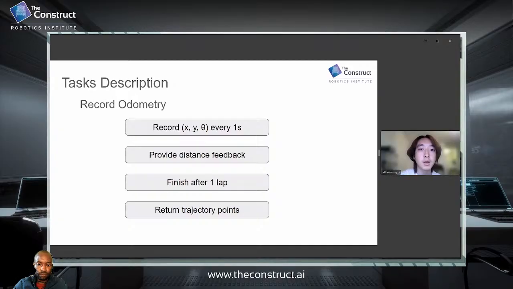The odometry, the position of the robot and the orientation angle, should be recorded every second, and the action server should provide distance feedback to the client. And the record should be finished after one lap and return trajectory points.